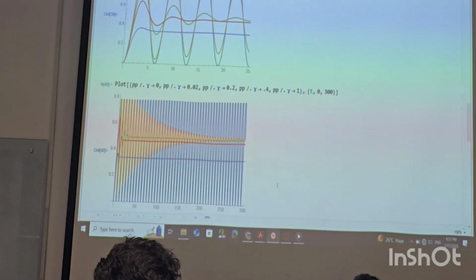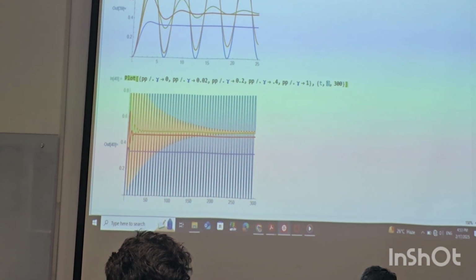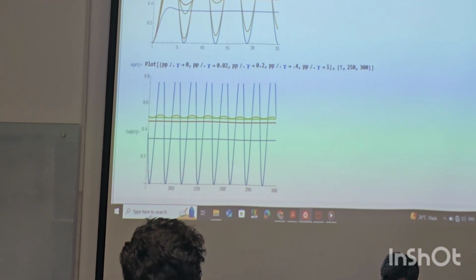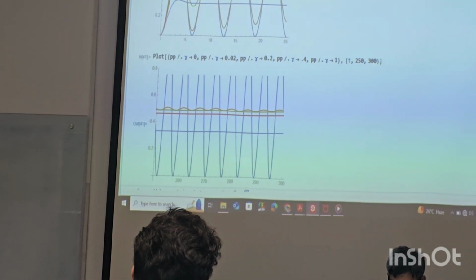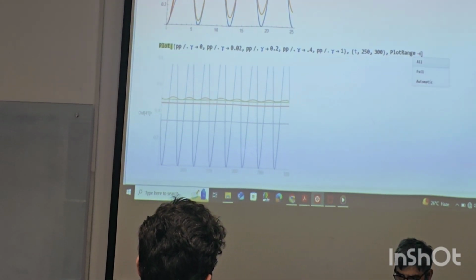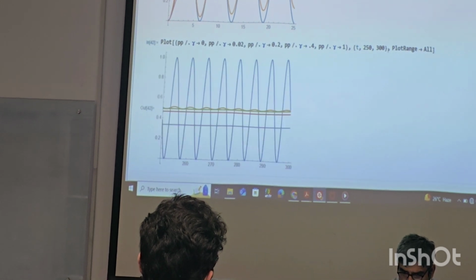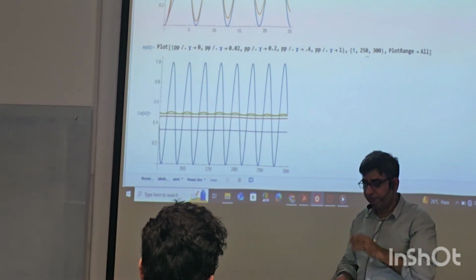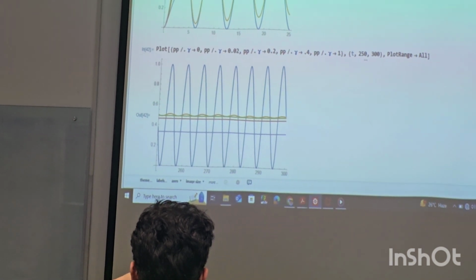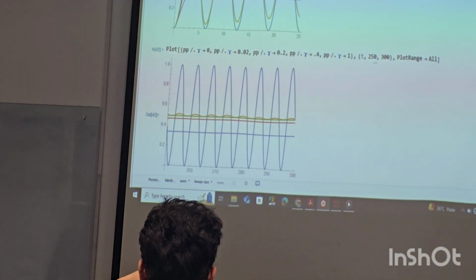So now this is not very clear, so let me plot a small section of this. So now I plot the same curve for longer times, from 250 to 300.